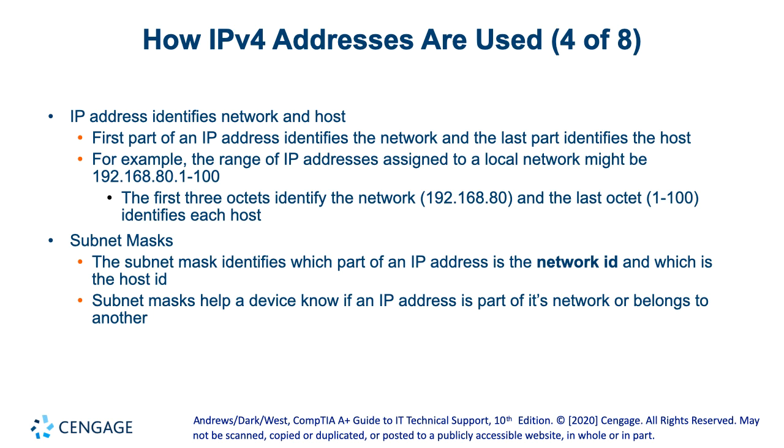So in this example, 192.168.80.0 is the network. The last part, 1 through 100 here, can represent the host, but technically it would be 1 to 254 on that network by default.